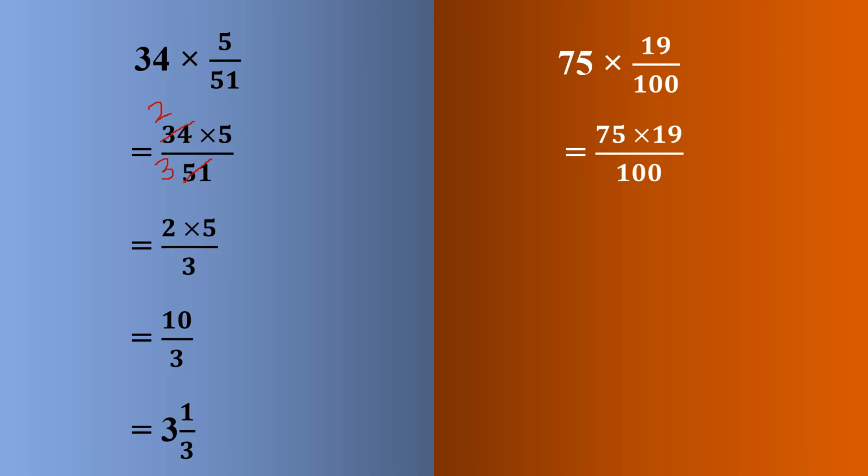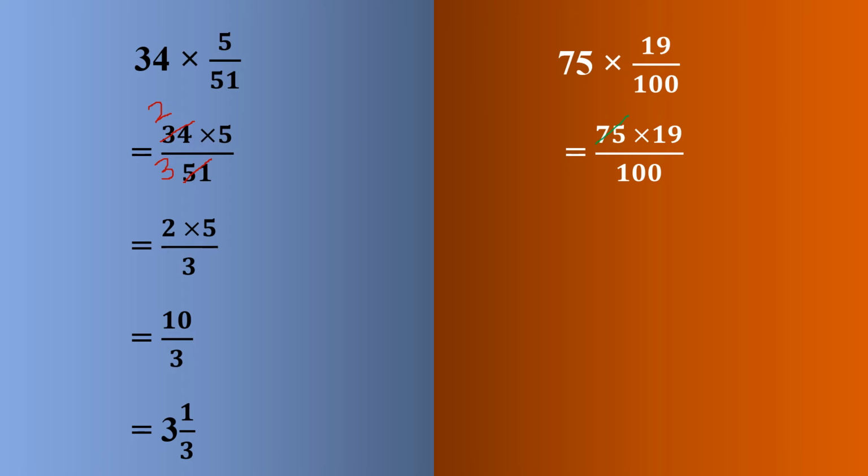Here also we will do the simplification part. So how can we simplify? We know that 75 and 100, which are numerator and denominator, have a common factor, the common factor is 25.